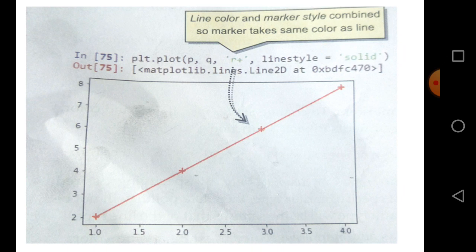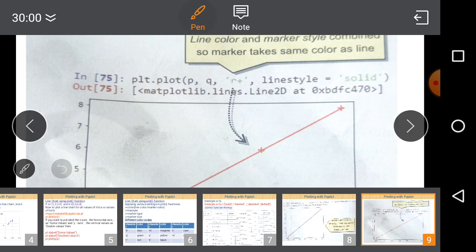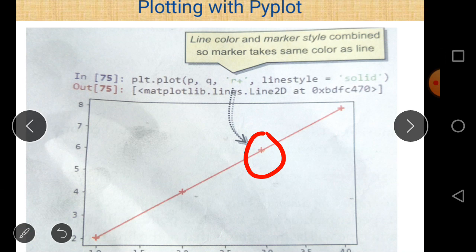Here the line color is red and the marker style is plus, so that's why there is a plus sign here. The line style is solid, so a solid line is drawn in red, because the color is red, and we don't take a separate value for marker color, so the marker has the same color as the line color.